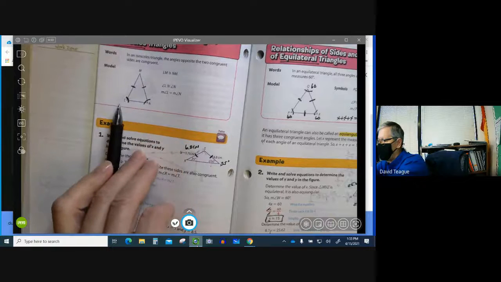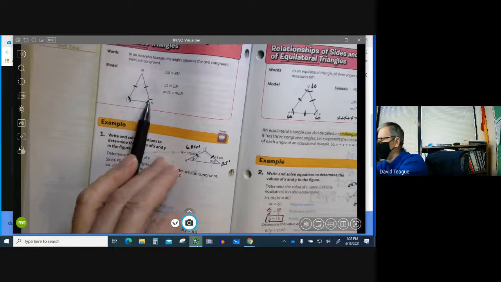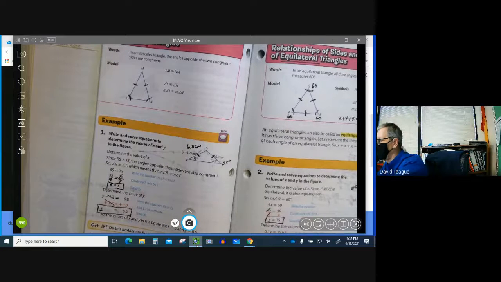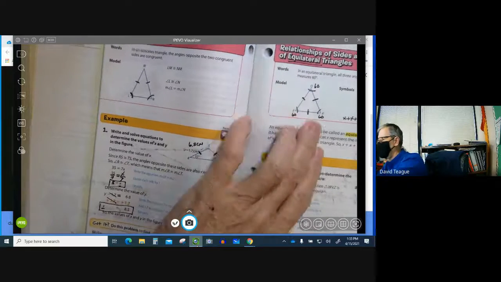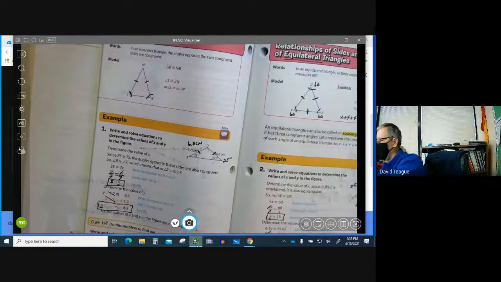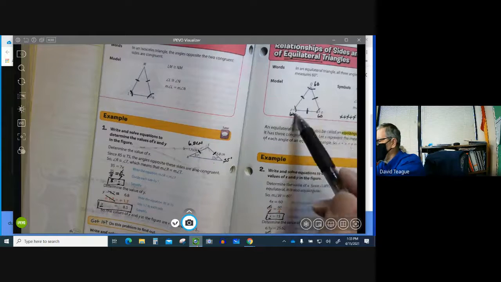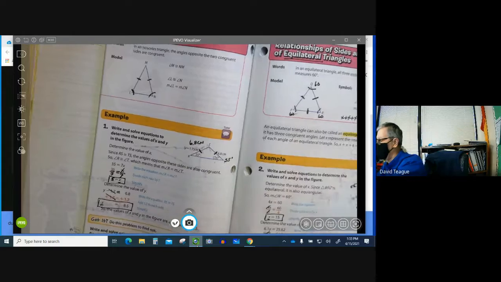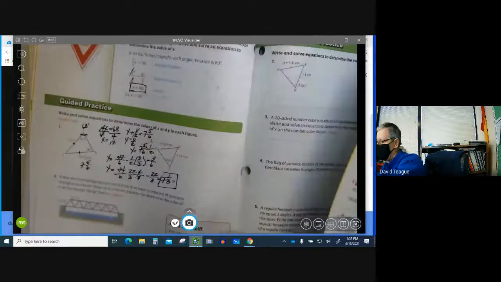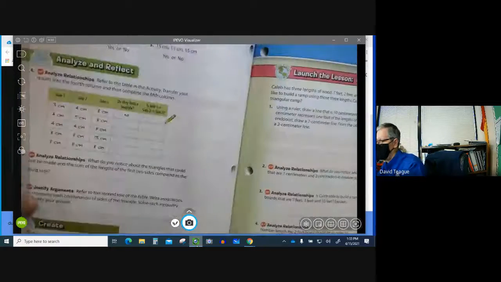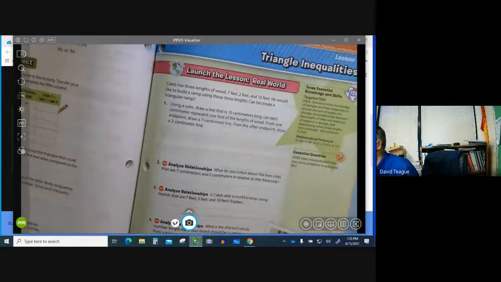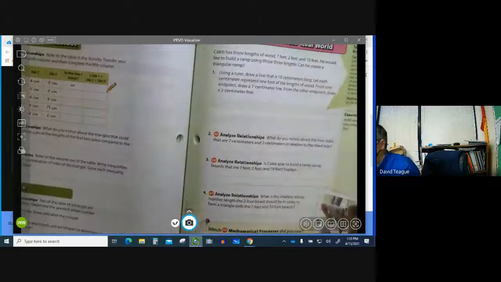An isosceles triangle has the same sides, the same angles. And an equilateral triangle is also an equiangular triangle because it has the same angles, and 60 times 3 is 180 degrees. Equal sides, equal angles. Okay. So now we're going to talk about, there's only like two pages, and then we'll set up for the quiz.